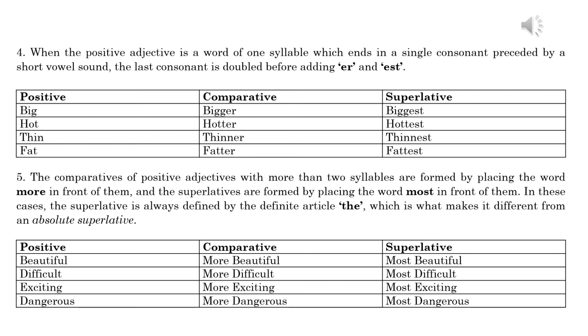Examples: positive, beautiful; comparative, more beautiful; superlative, most beautiful; positive, difficult; comparative, more difficult; superlative, most difficult; positive, exciting; comparative, more exciting; superlative, most exciting; positive, dangerous; comparative, more dangerous; superlative, most dangerous.